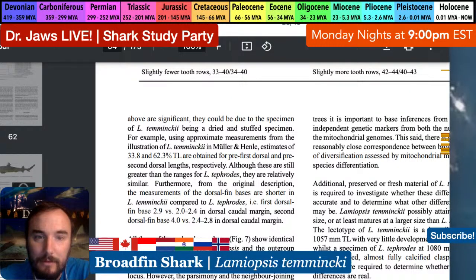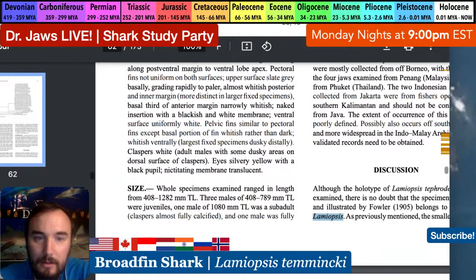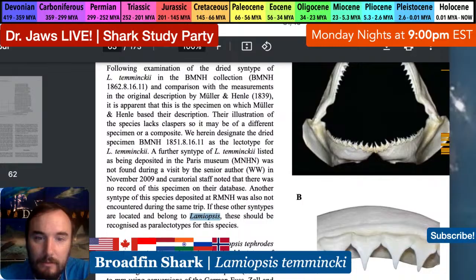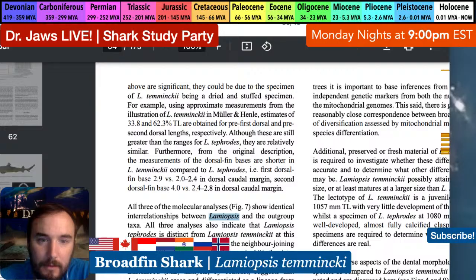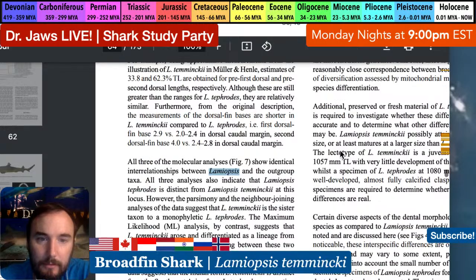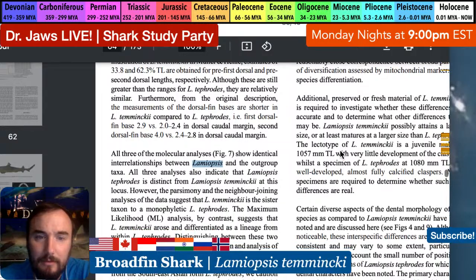I'm just going to summarize the conclusions. Okay, all three of the molecular analyses showed identical interrelationships between Lamopsis and the ALK group.